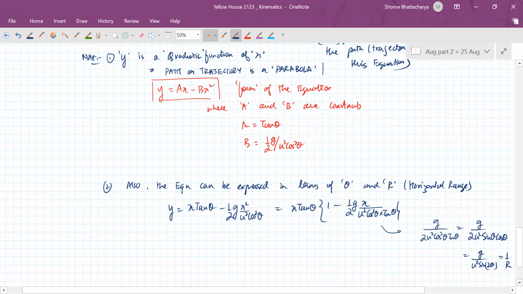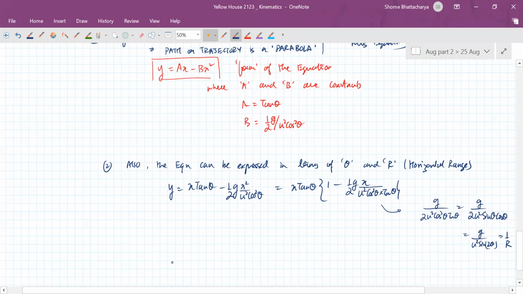So ultimately, we can also express the equation of trajectory in a very useful form like this. This is the same thing as the above equation, but just written in a different way, in terms of r and theta.